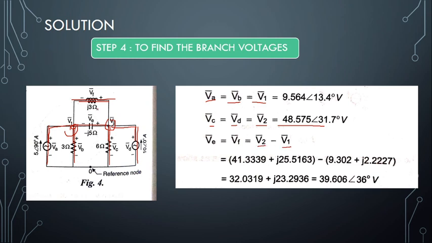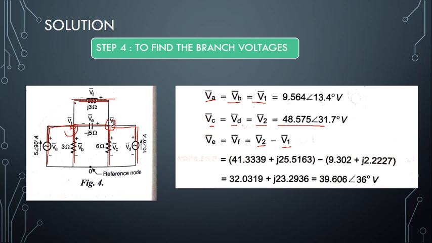So, VE and VF are common to the two nodes V1 and V2. So therefore, the voltage across these two branches will be the potential difference between the two nodes. So we need to find what is V2 minus V1 and that gives your required potential for the branch VE as well as the branch voltage VF.